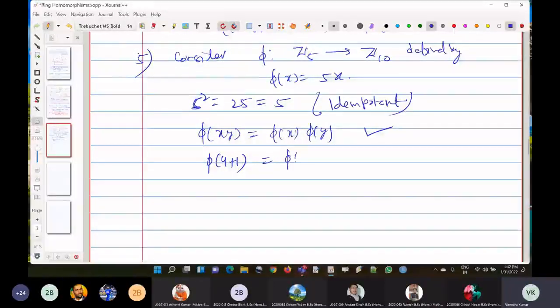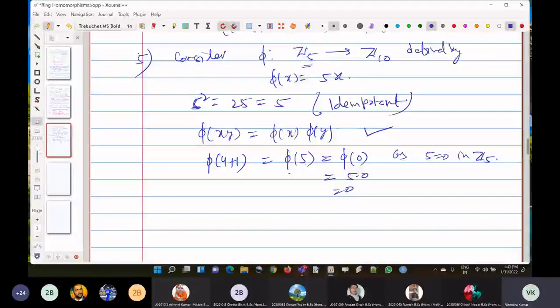So this equals 5, phi of 5, and phi of 5 is 5 times 5, and 5 is 0 in Z5. So by definition, phi of 0 equals 5 times 0, which equals 0. So phi of 4 plus 1 is becoming 0.